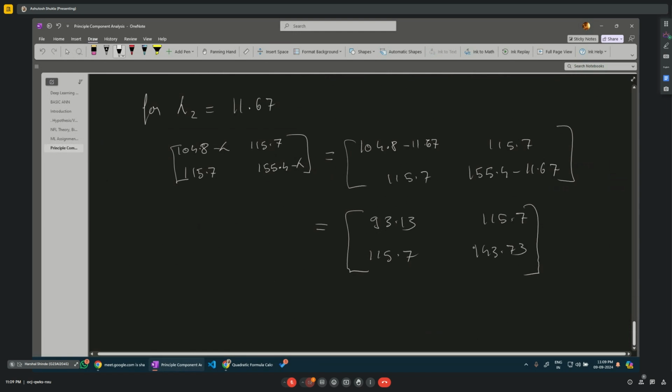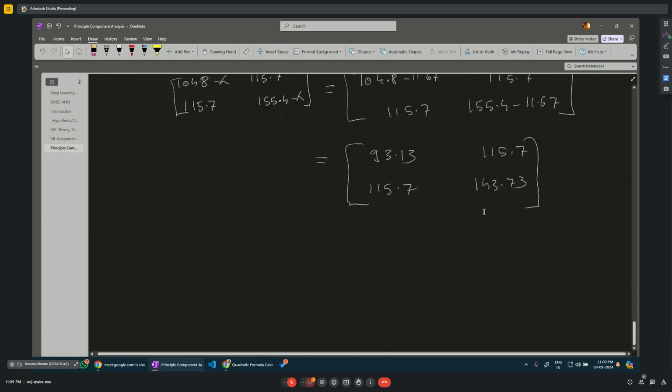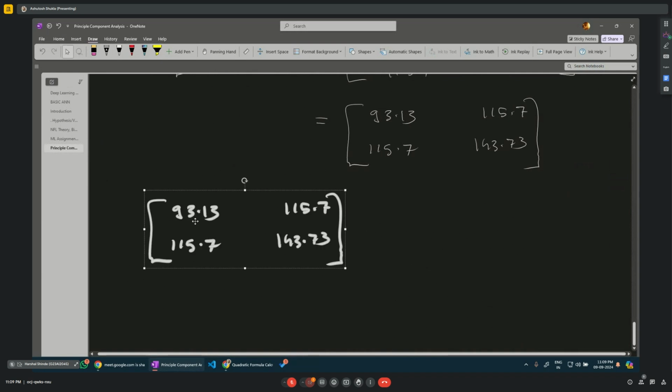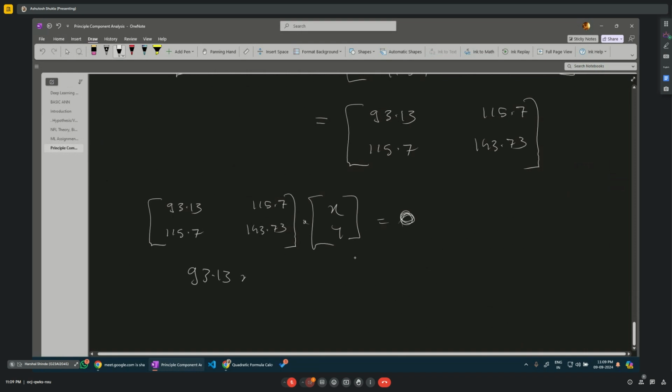Now we have to repeat the same process that we did over here. We multiply it by x, y. So we take this, copy, and paste it over here, and make it a little smaller. Multiply it by x, y, dot product equals to 0. Similarly, 93.13x plus 115.7y equals to 0.